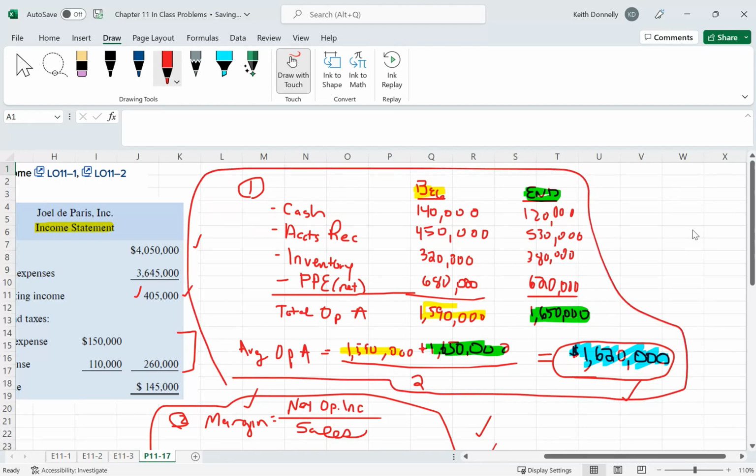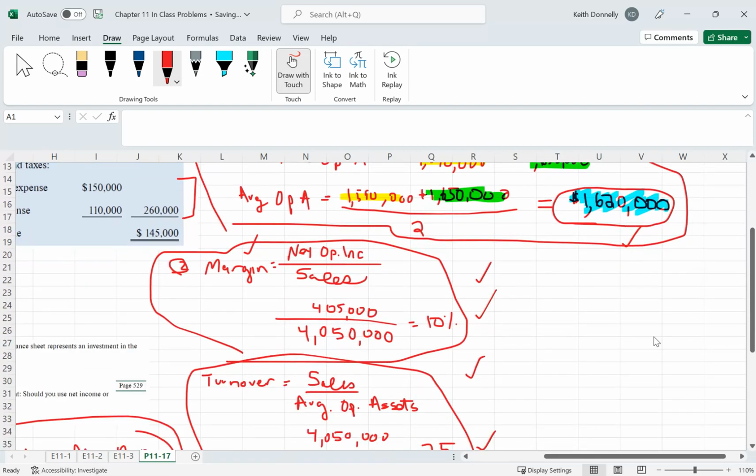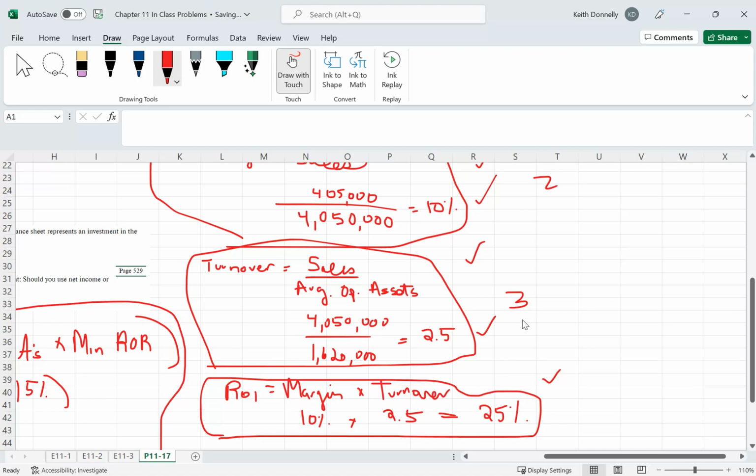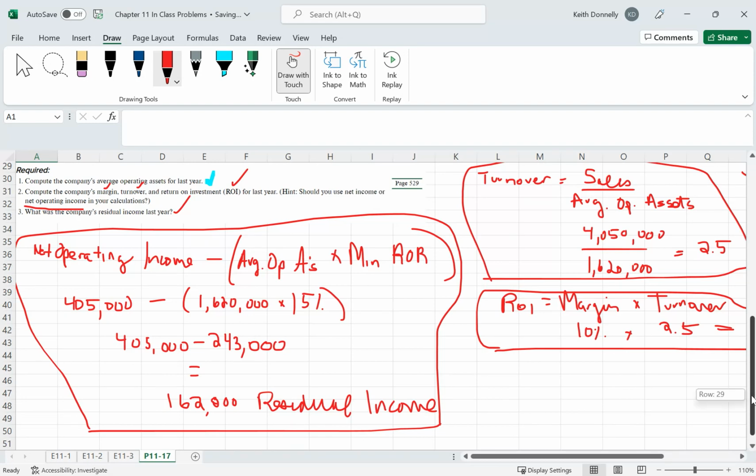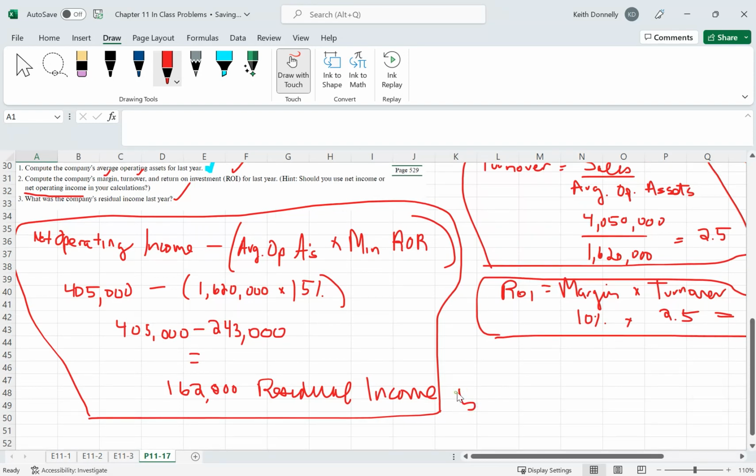Kind of step one. Then we did our margin. We did our turnover. We did our ROI. And then we did our residual income. So it's a variety of different calculations we had to do here.